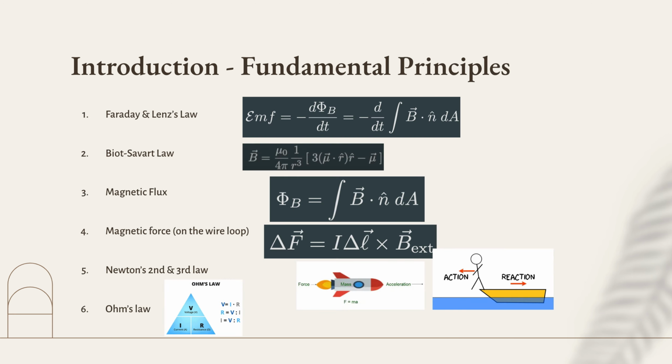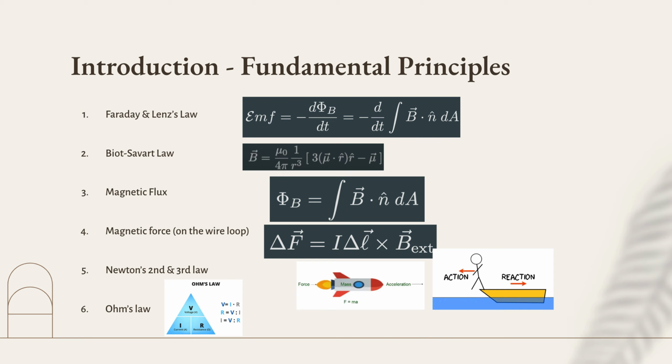There are a total of 6 main principles utilized in this experiment. First is Faraday's and Lenz's law, which describes the magnetic flux that changes in time, which creates a non-Coulomb electric field that generates a voltage. Biot-Savart law describes the magnetic field generated by constant electric current.